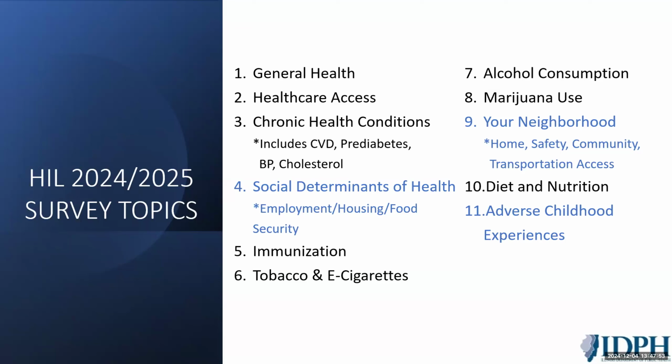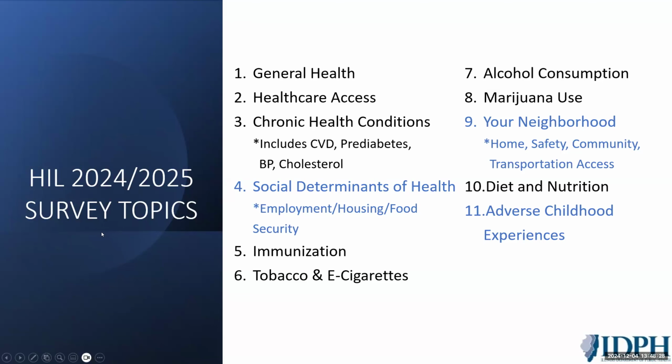And the other ones on here, your neighborhood, really looks at your community area, how safe you feel in your neighborhood, how routine it is for you to encounter violence in your neighborhood, transportation access, park access, etc. And then by popular request, not only was it listed in legislation, but the adverse childhood experiences was included, as this was requested since I've been here a number of times.